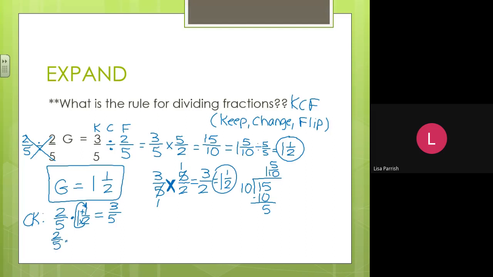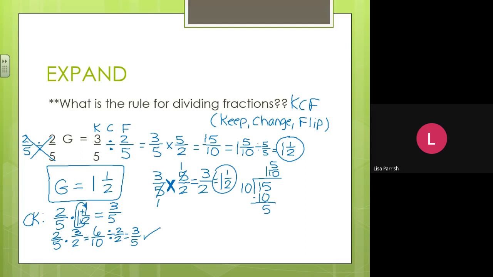So 2/5 times 1 1/2 converts to, let's see, 2 times 1 is 2, 2 plus 1 is 3, so this becomes 3/2. Okay, 2 times 3 is 6, 5 times 2 is 10. You want to always look and see if it will reduce. I can divide them by 2, and I get 3/5, which is what I was supposed to get. So that checks out.